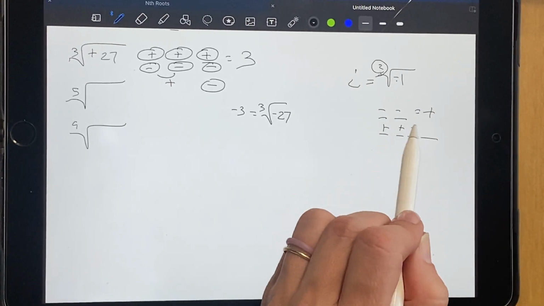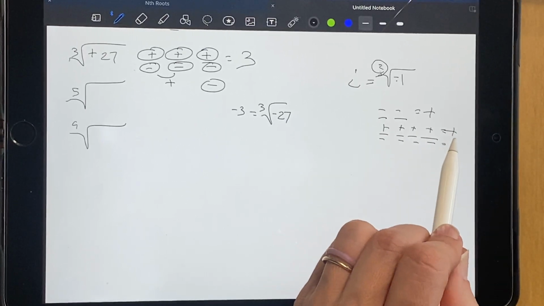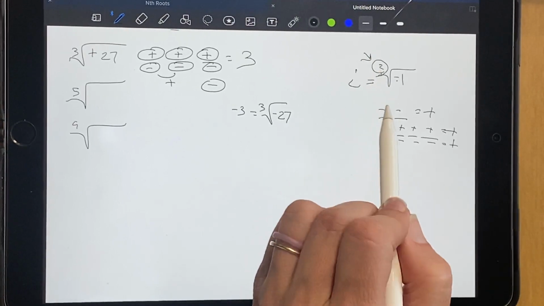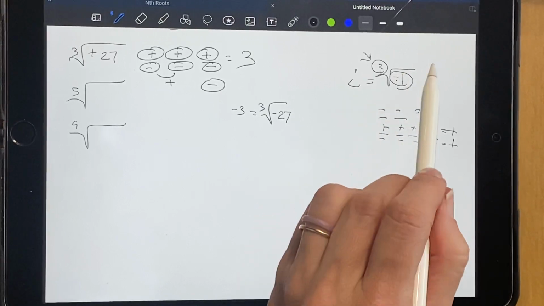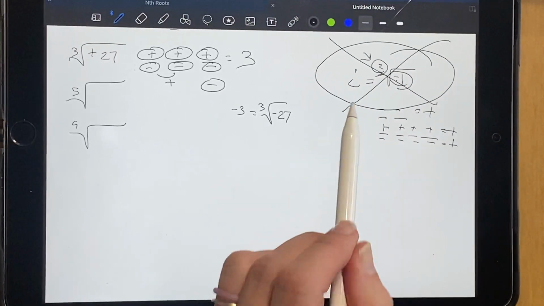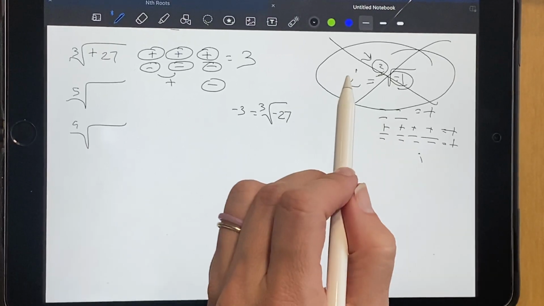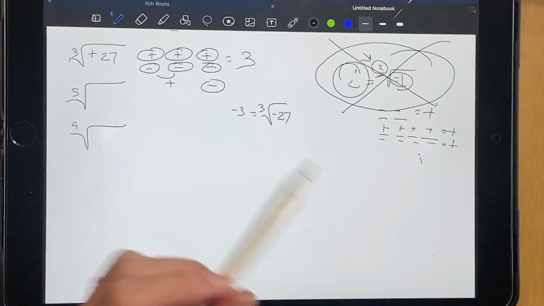If they're all positive, it's going to be positive. So when we had the square root of a negative number, this ended up with something that we can't solve because it doesn't follow the rule. So we renamed it i as an imaginary number so that we could end up solving it.